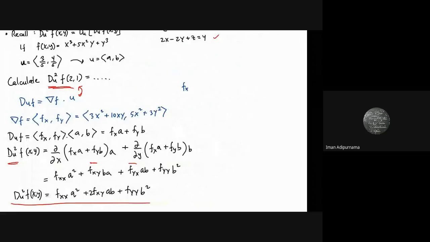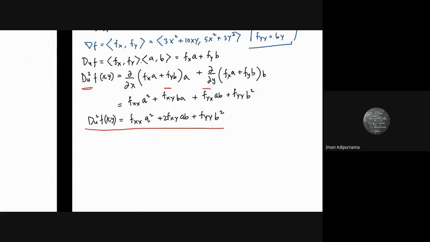So for f, partial xx we have 6x plus 10y, and then partial xy is 10x, right? And the partial yy is 6y. And we can use these three pieces of information in our equation here.